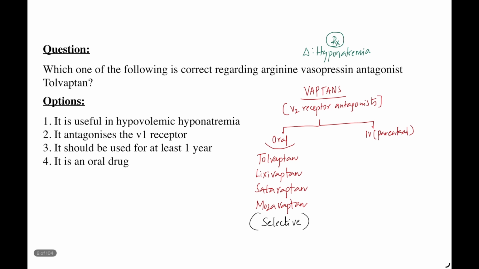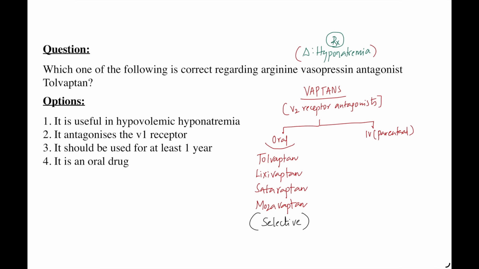Now you know briefly about the vasopressin receptors, V1 and V2. Coming back to vaptans, they are antagonists, which means they cause diuresis. Diuresis as treatment is required for hyponatremia.